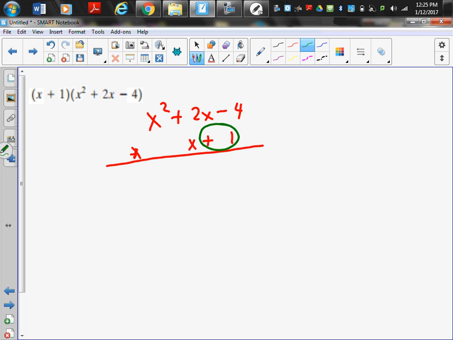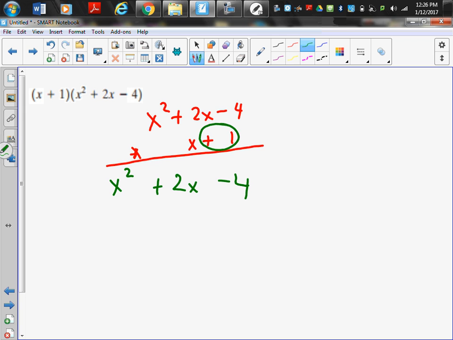Positive 1 times negative 4 is negative 4. Positive 1 times positive 2x is positive 2x. 1 times x squared would be a positive x squared.